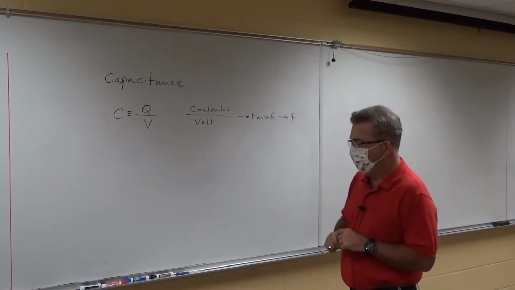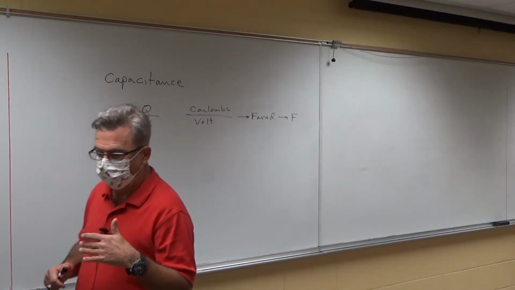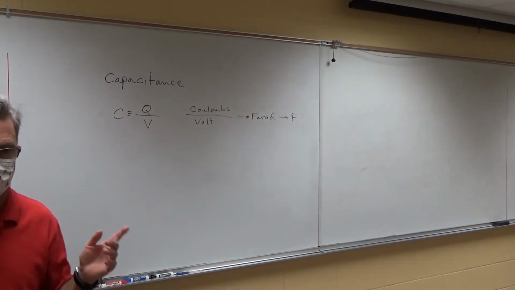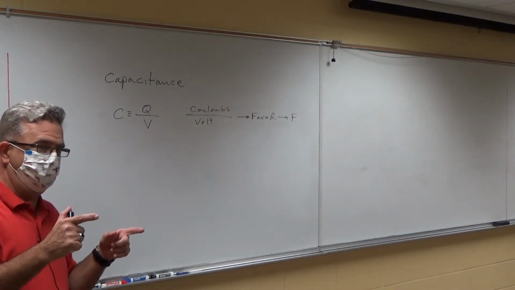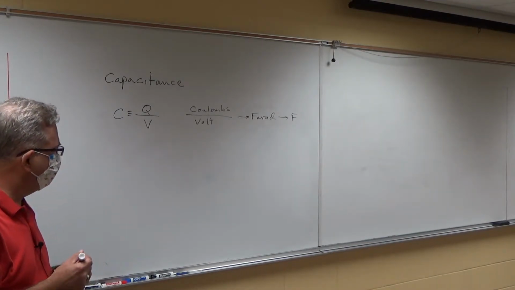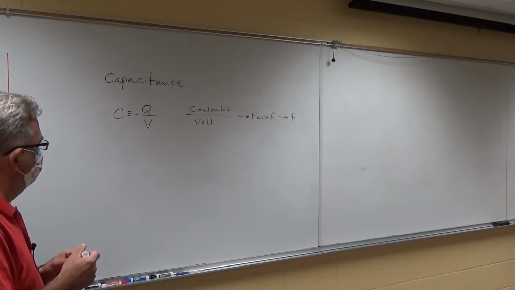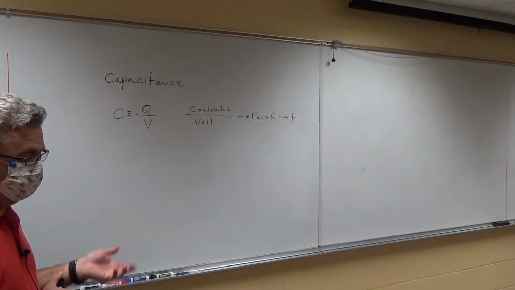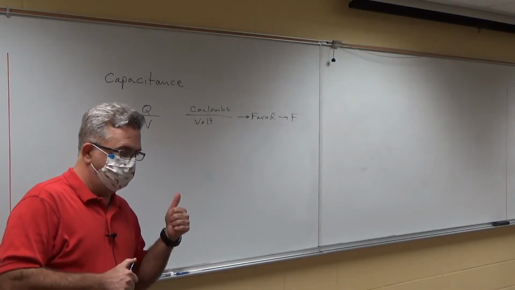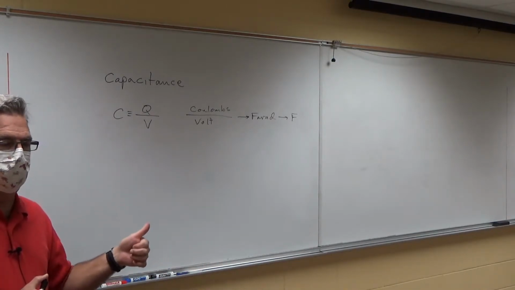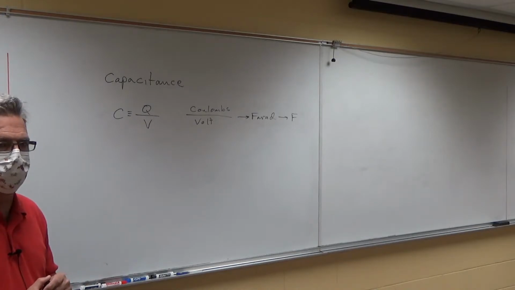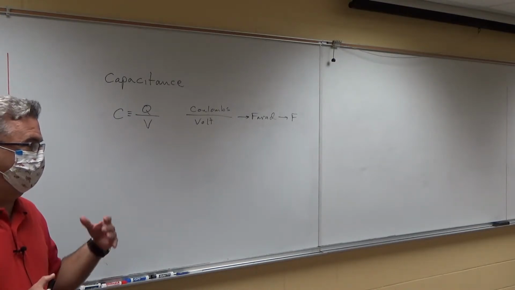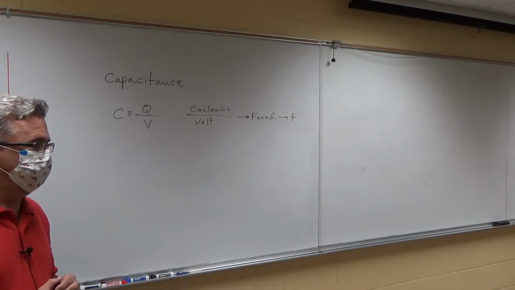We'll talk about some of that in lab this week, and next week we're going to do the RC circuit, which is a resistor and capacitor together. Everyday capacitors are usually in the microfarad, picofarad, or nanofarad range. A farad is a pretty large amount of capacitance.